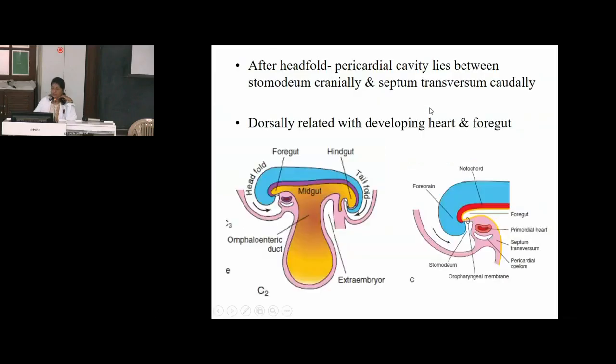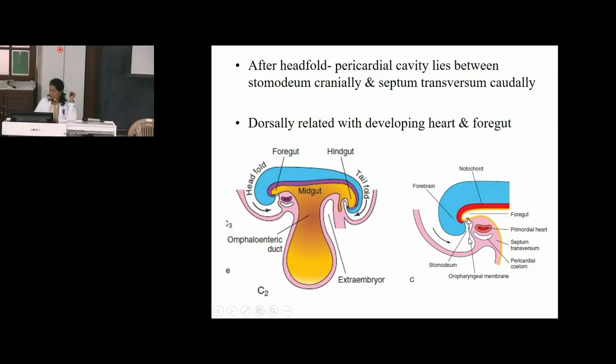Further, what happens? The head fold happens here. After the head fold, the pericardial cavity lies between the stomodeum, which was caudal to the septum transversum, and the septum transversum. Now the stomodeum is going towards the cranial side. So here we can see, after the head fold, after the forebrain or developing neural tube, we get the stomodeum or the precaudal plate, which is shifted now, and the pericardial coelom and the developing heart.